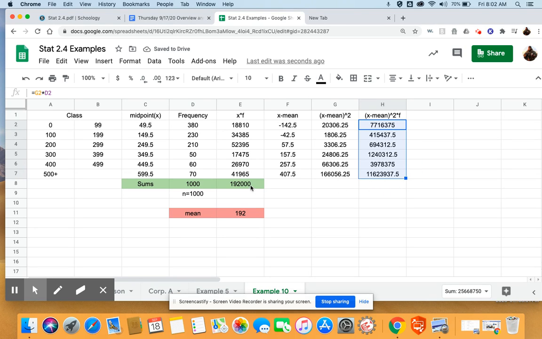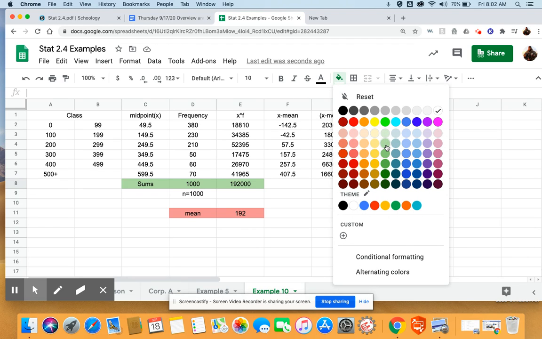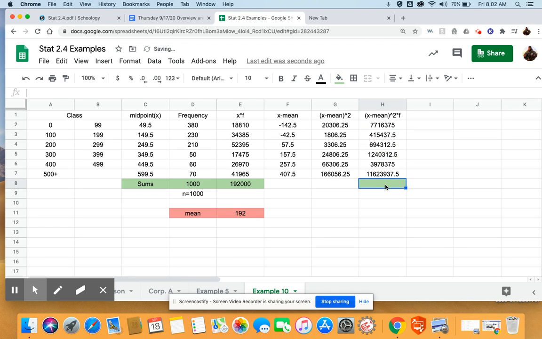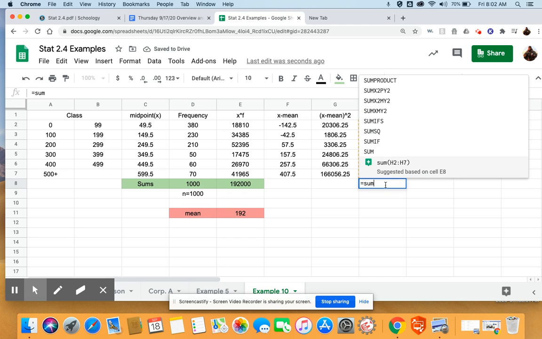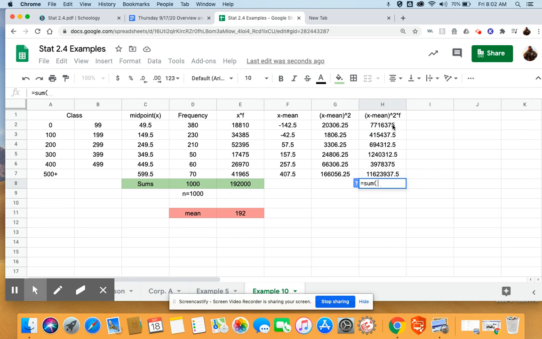Now what we're going to do, again, is find sums here. We'll highlight this in green. We'll keep all the sums the same color. Equals the sum of this column. We get that number.